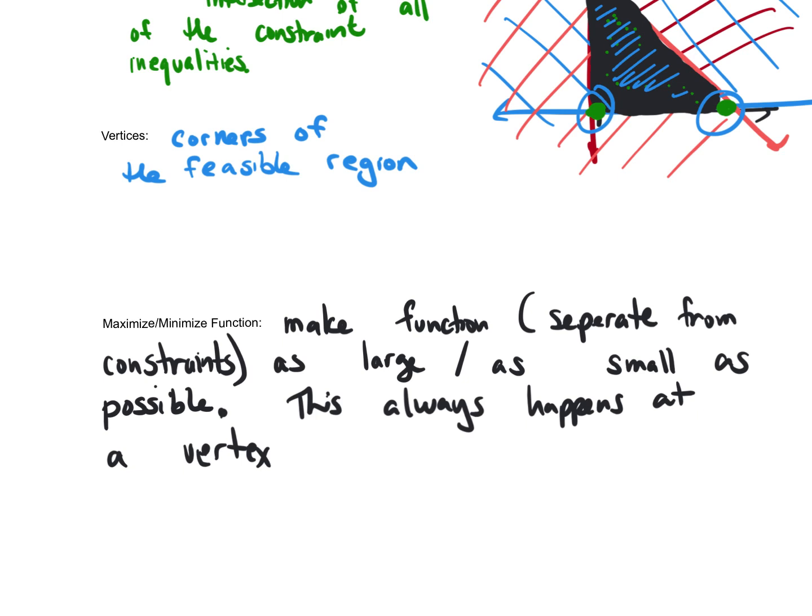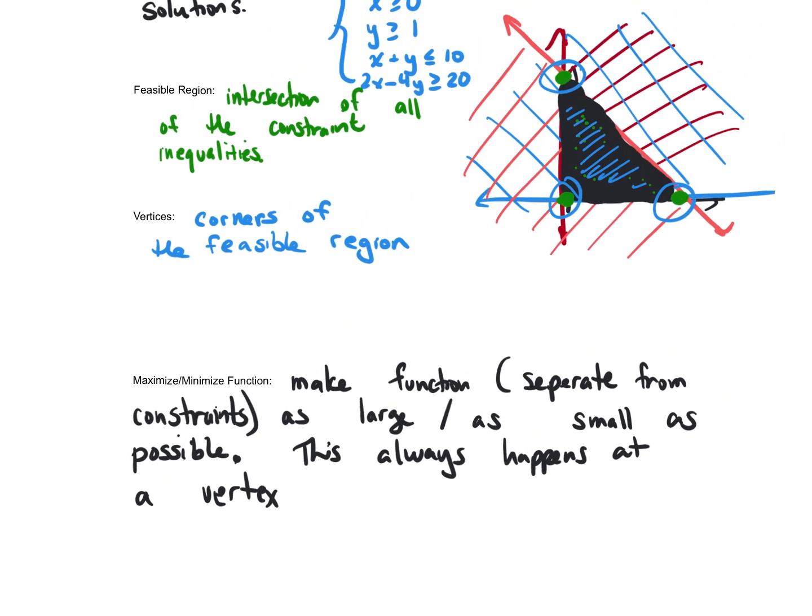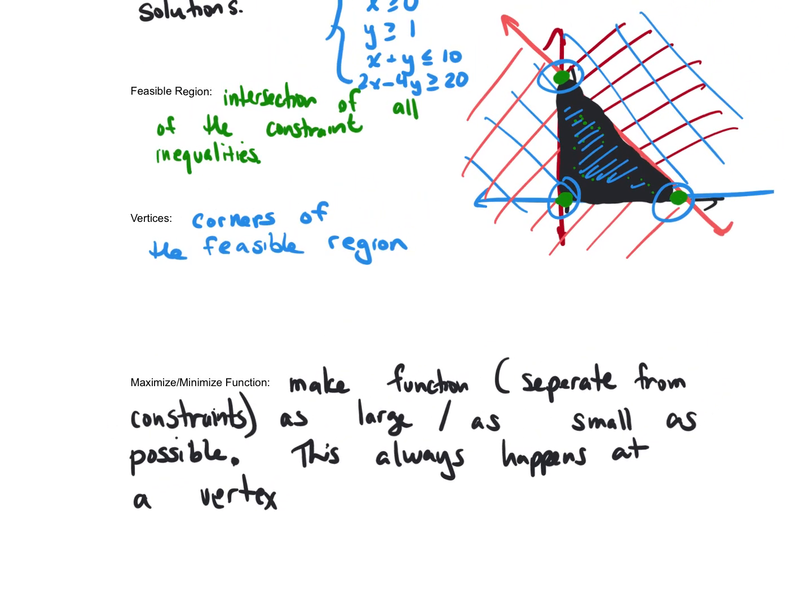I have that feasible region of all these possible combinations of x and y, whatever they represent. But the only ones that can maximize my function or minimize my function happen at the corners, at these vertices. So of all the infinitely many points in this little triangle region, only those three will make my function as big or as small as it could possibly be. This is the key to linear programming.